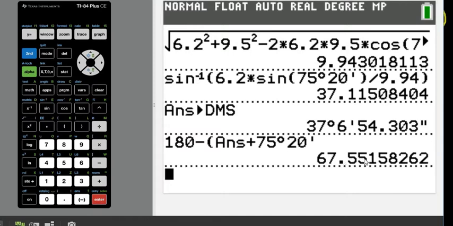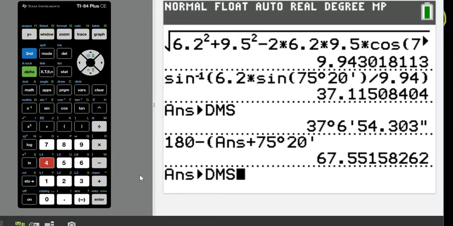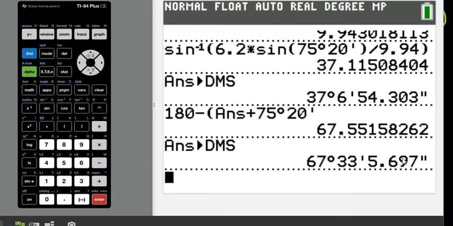So we end up with 67.55 degrees, or if you needed to have this in degrees, minutes, seconds, we would just choose this and option 4, so second apps and option 4, and then it would convert it into degrees, minutes, and seconds for us.